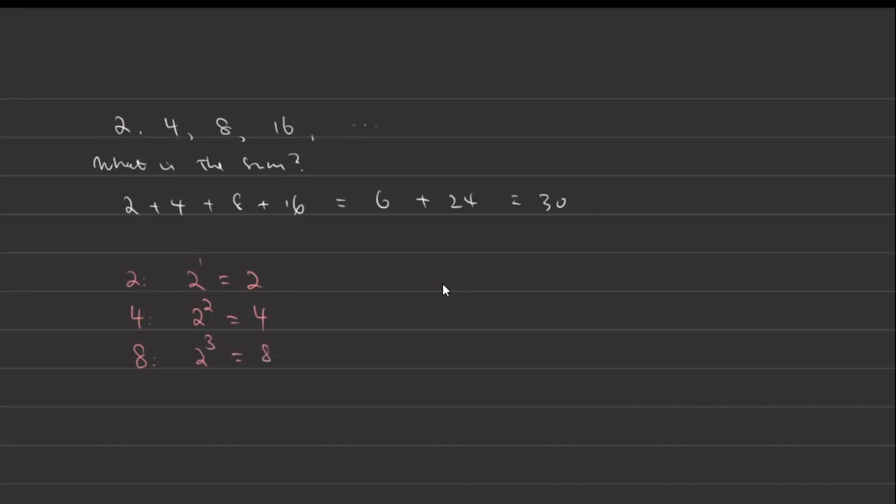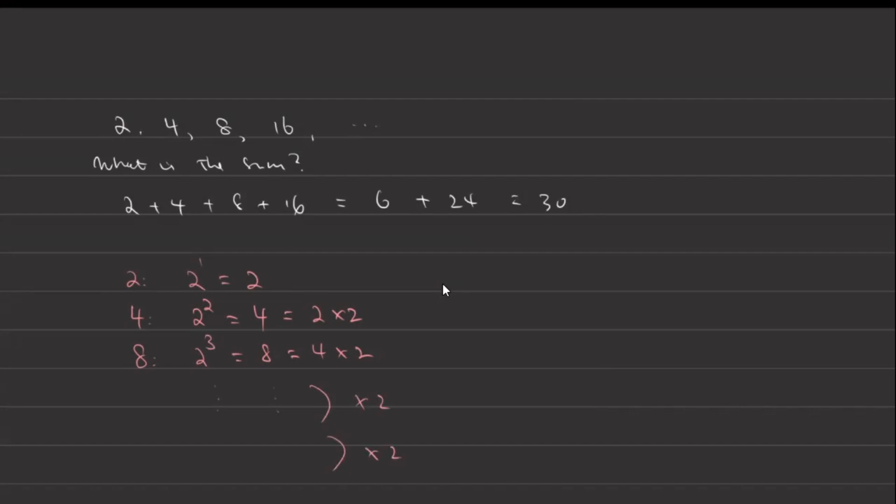Now, notice that 4 is nothing but the previous number times 2, whereas 8 is also the previous number times 2. So in other words, as you continue the series, all you gotta do is multiply by 2, and you have yourself the next digit.